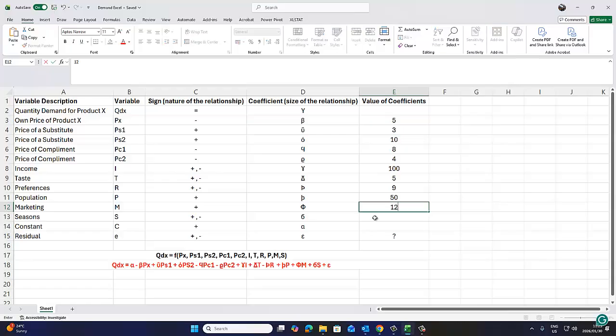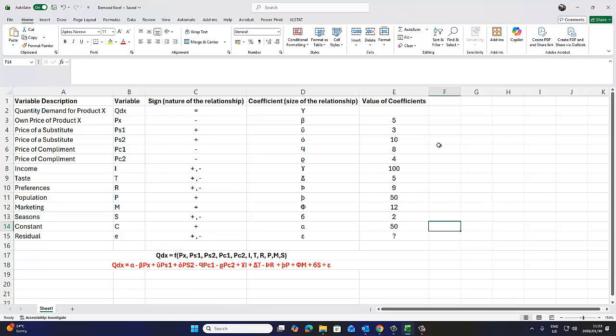And then season, we said it's also going to be positive, so let's say this value is 2. And then our constant, let's say, is 50. So these are now values that we just populate in there.